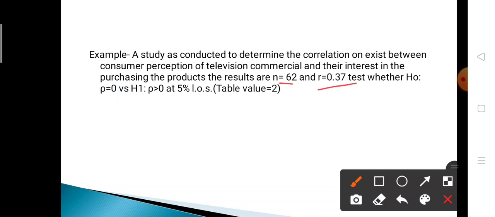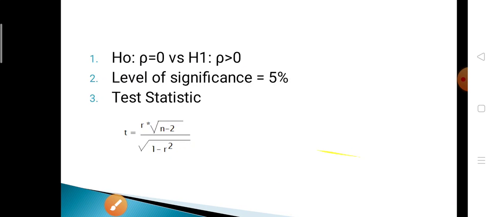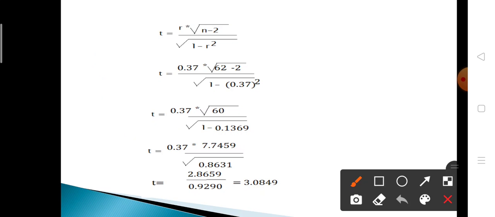Just plug the values in the formula. 62 minus 2 is 60, so square root of 60 is 7.7459, and r square, 0.37 square, is 0.1369.